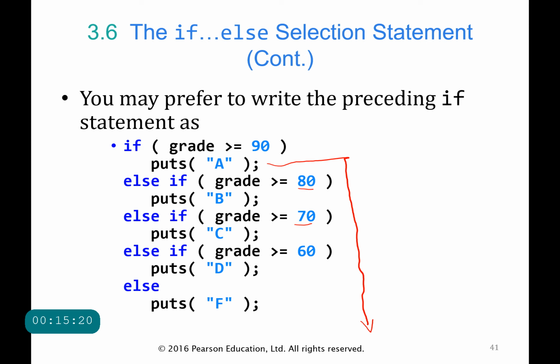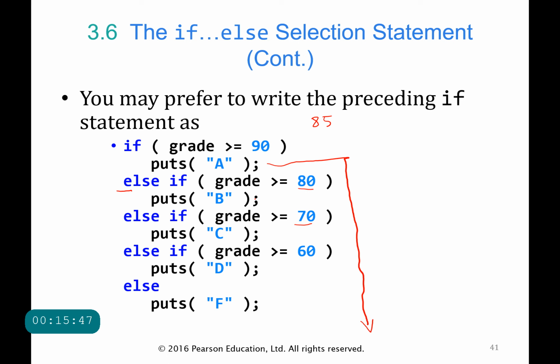Okay, so now let's say the grade is maybe 85. Once grade is 85, you check the first statement, it's not greater than or equal to 90, so you go into the second statement, which is again an else statement. It's not greater than or equal to 90, but is it greater than or equal to 80? Yes, it is.